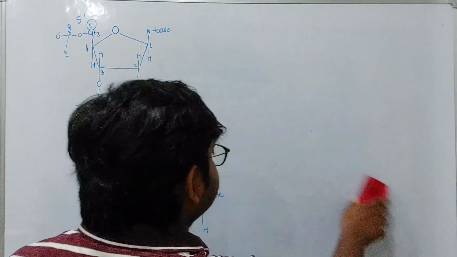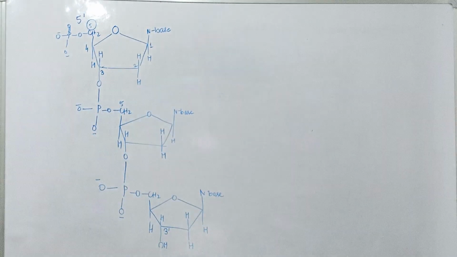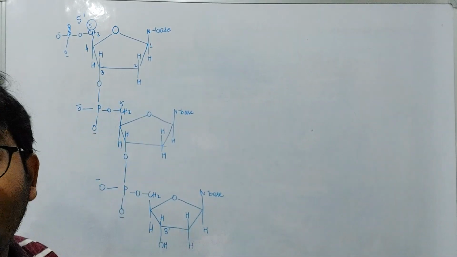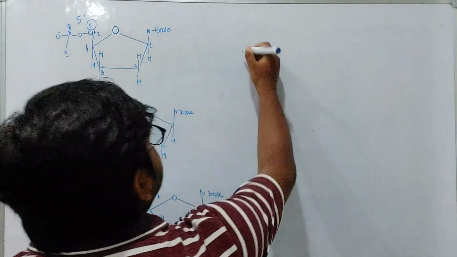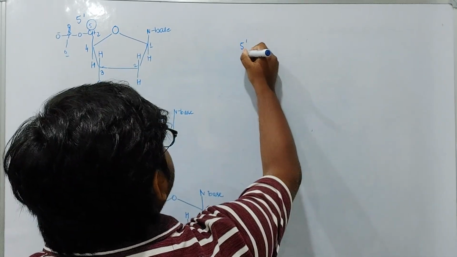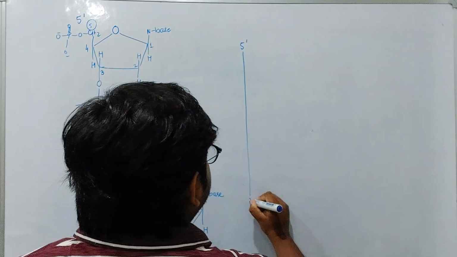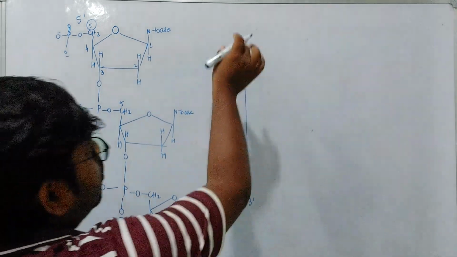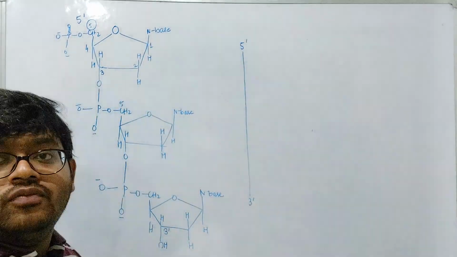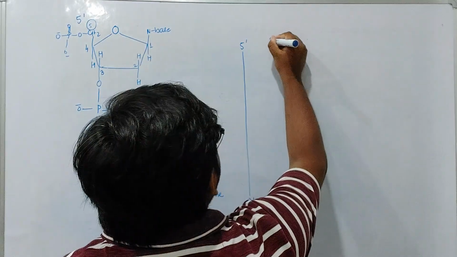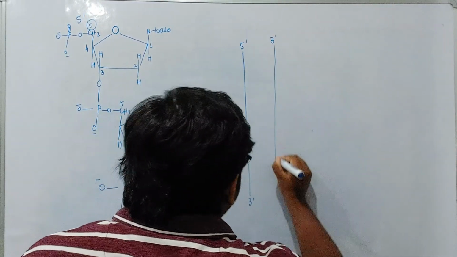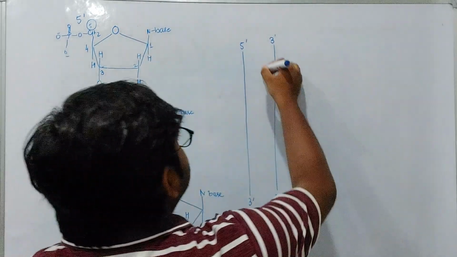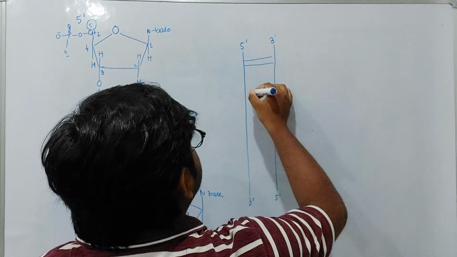And now we don't need this, so let's erase this. What happens? This long chain, starting from 5 prime and ending with 3 prime like this, will combine with the other one like this, and there are linkages.